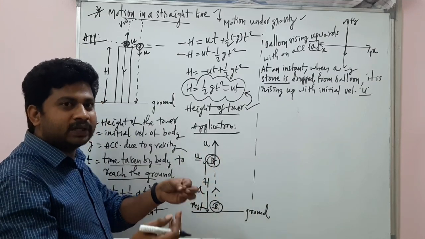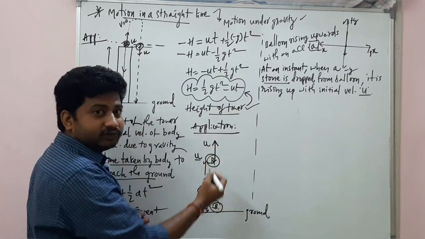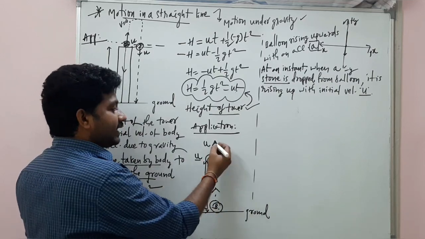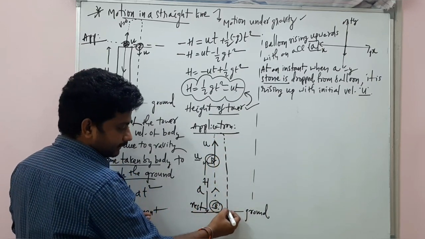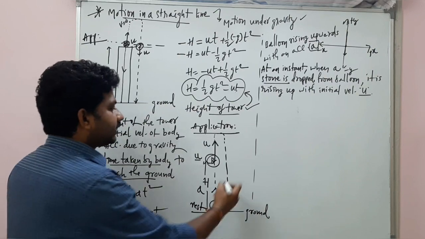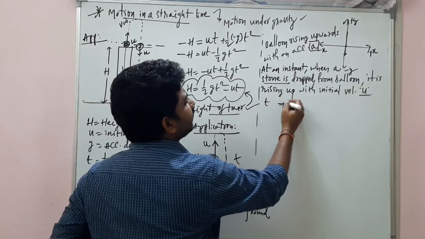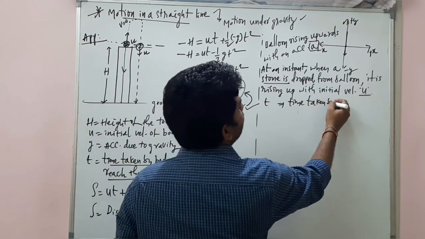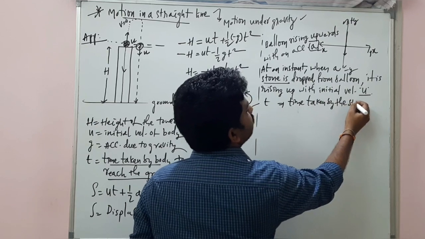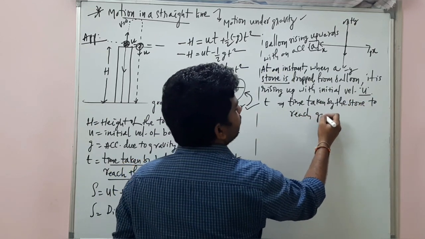Because of inertia of motion, for some extent it will try to move upwards and its velocity will become 0 at some particular point and it starts coming back down in a time t. What is this time t? T is the time taken by the stone to reach the ground.